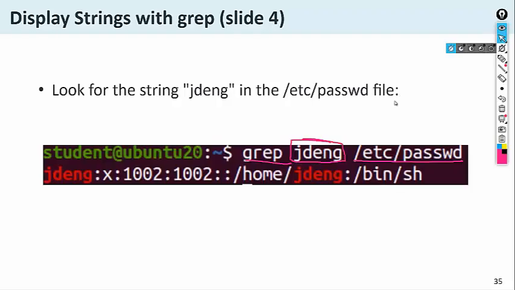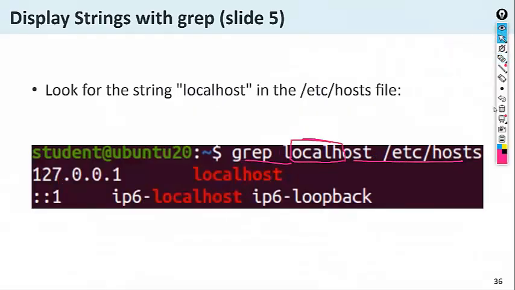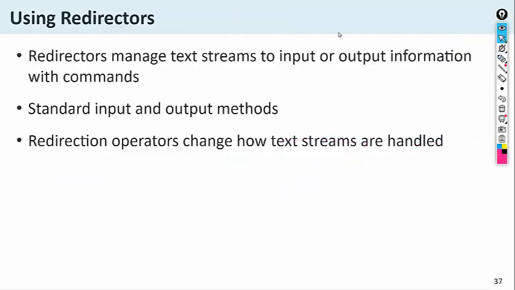Whenever you want to search for a specific string, whatever the name or content, you can use the grep command. I hope you have understood. Similarly, grep localhost to check whether it exists inside /etc/hosts or not. So this data will be displayed.